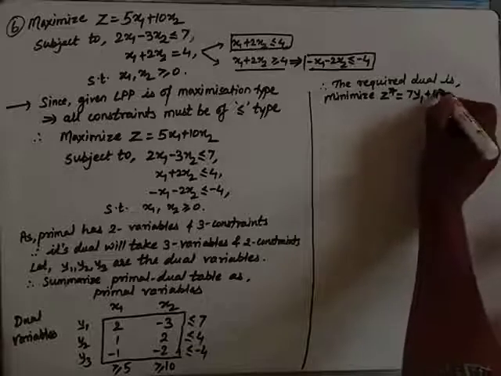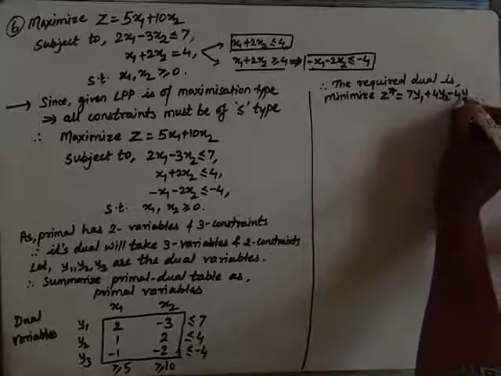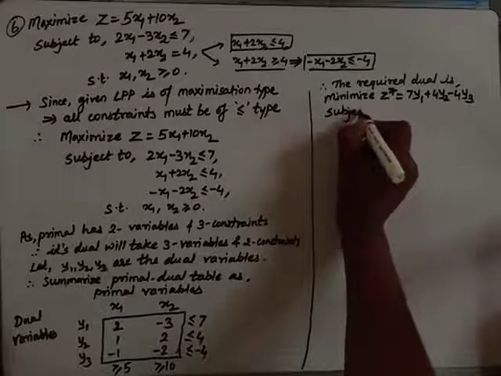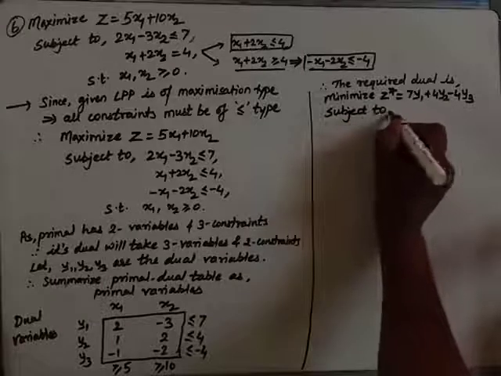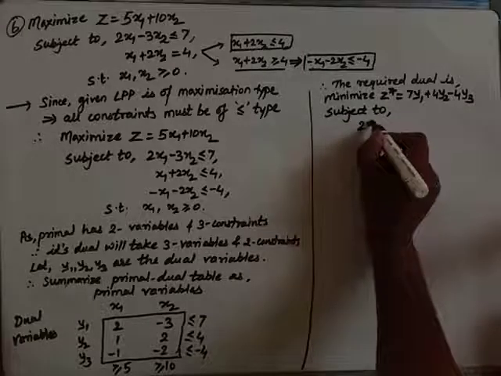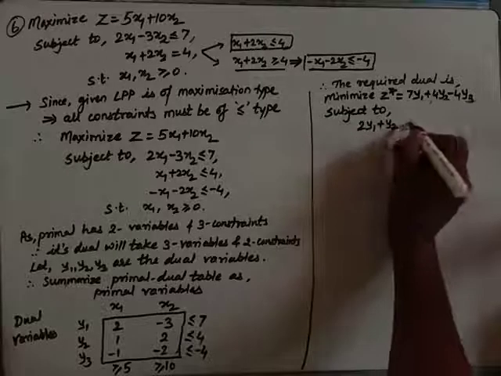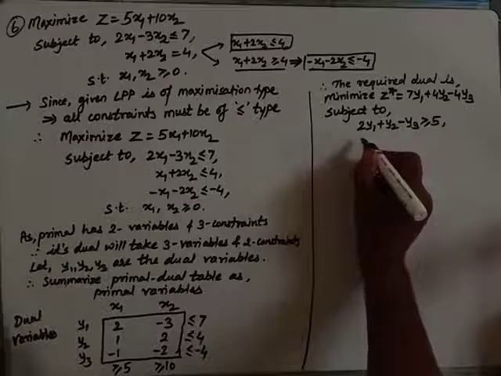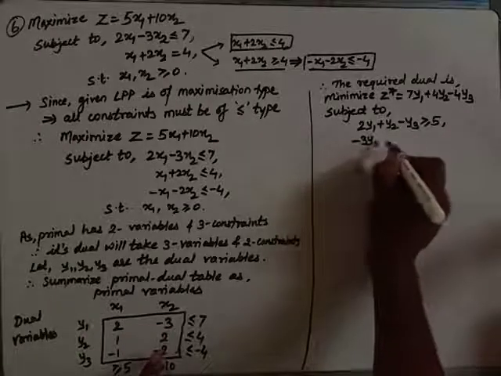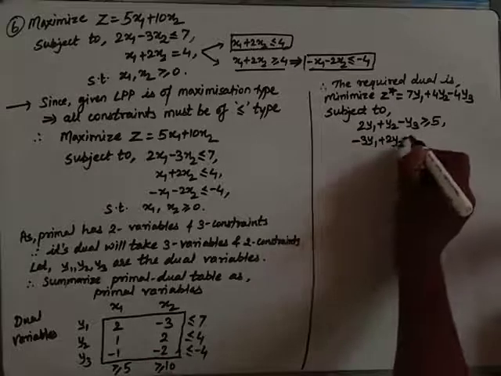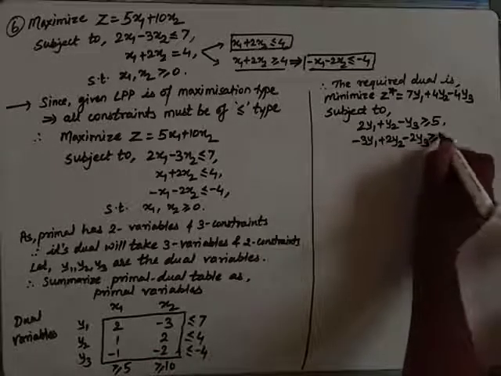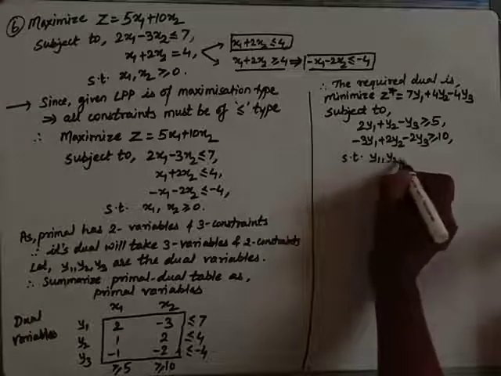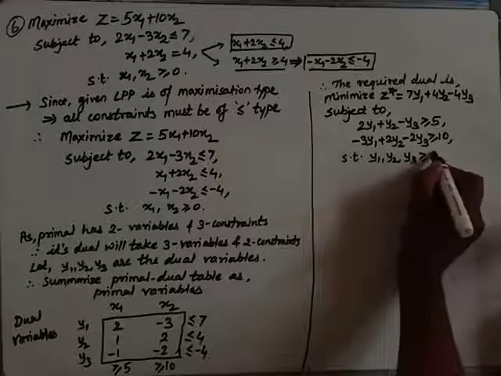Subject to 2y1 plus y2 minus y3 greater equal 5. Again minus 3y1 plus 2y2 minus 2y3 greater equal 10, such that y1, y2, y3 greater equal 0.